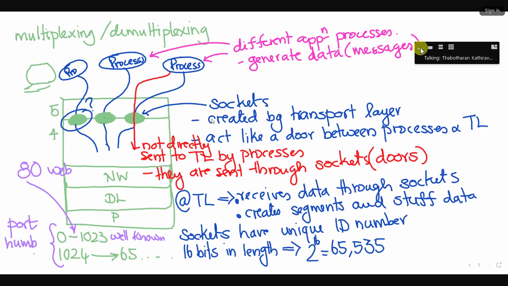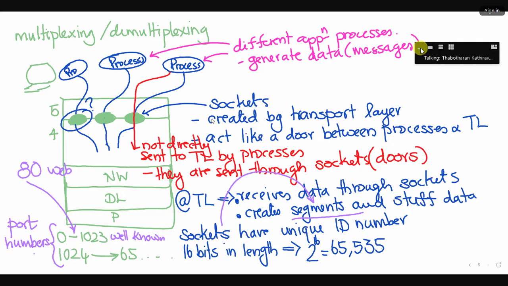So when it creates segments and stuffs data, these port numbers or socket numbers also get added to each segment.